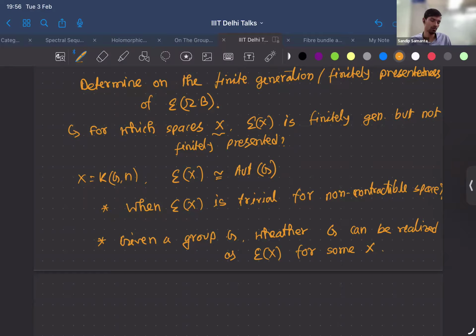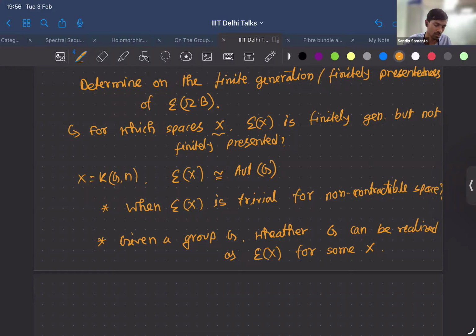As for Eilenberg-MacLane spaces, whenever we have an abelian group, we can realize it as a space having that as a homotopy group. So similarly, for any group G, whether that can be realizable or not.